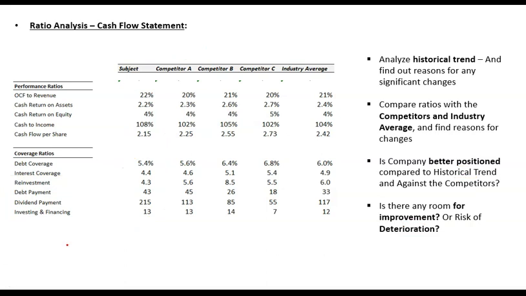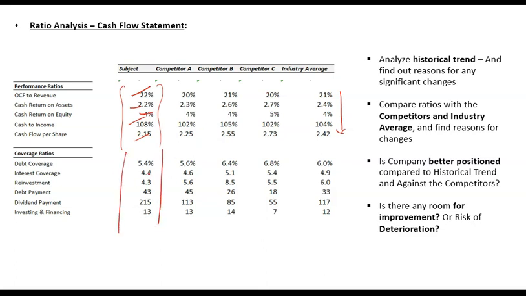So if we look at it, generally the company's ratios are consistent with industry averages without any significant variation. That means the company is already operating in line with the industry, and there are no significant changes expected in the near future due to industry dynamics.